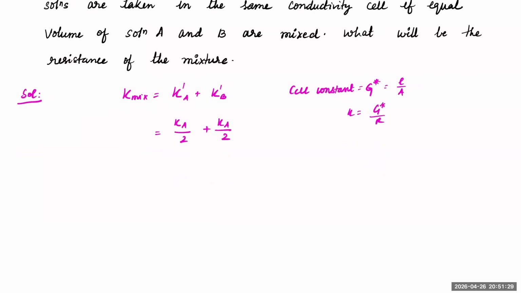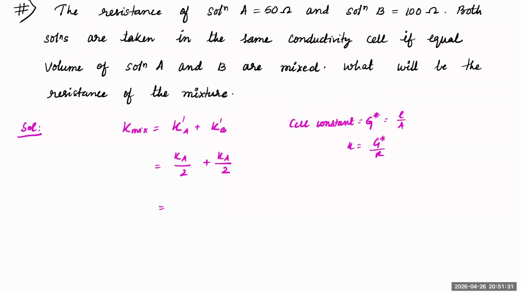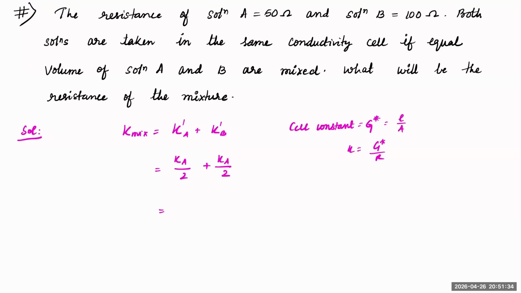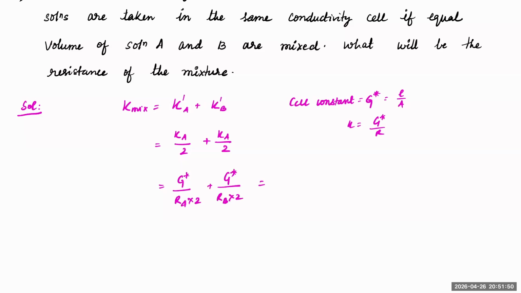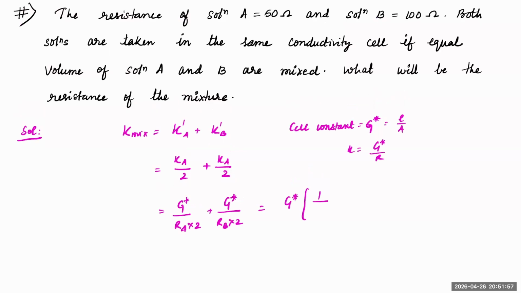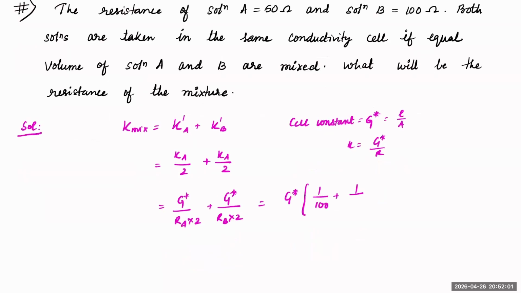So therefore, if you have original conductance, you can see Ka is G star, which is constant, divided by R of A into 2, plus G star of R of B into 2. So that is equal to G star, a constant value here, correct? That into 1 by 2R. R was 50, so it will become 100, plus 1 by 100, so that will become 200, correct?